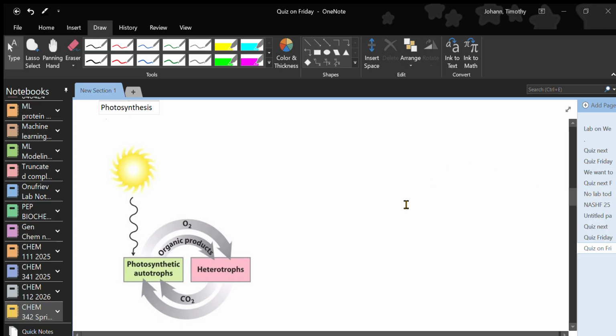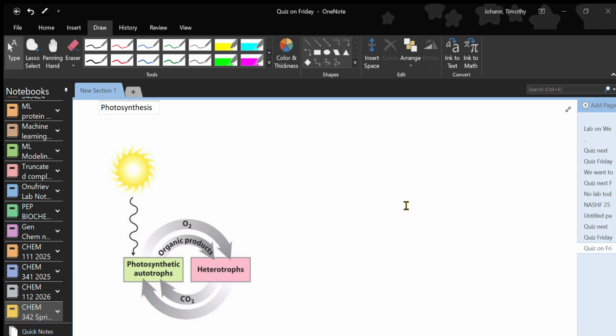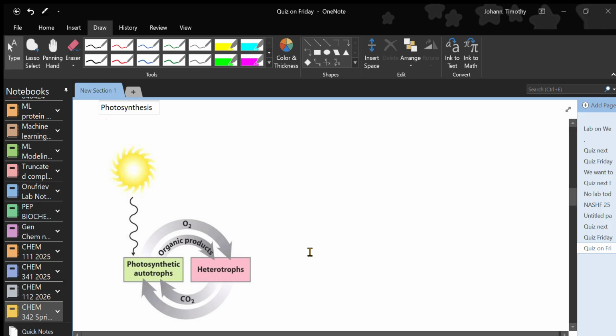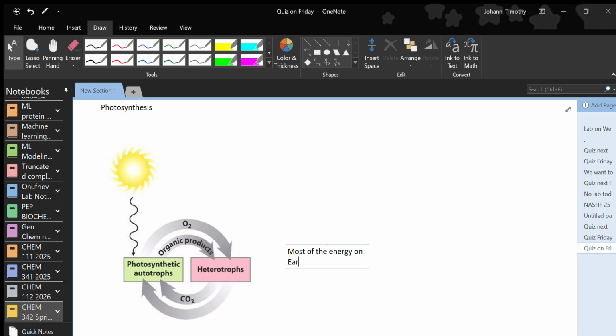All right, so photosynthesis is a simple picture, but essentially the point of this picture is to tell us that really most of the energy on Earth that drives life comes from the sun. You could say ecosystems.